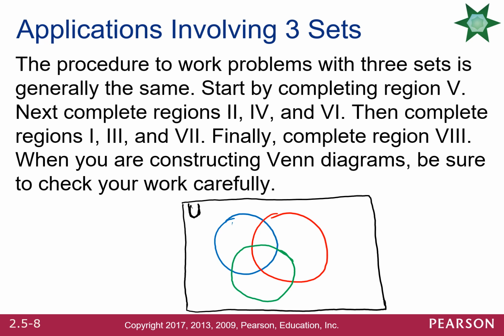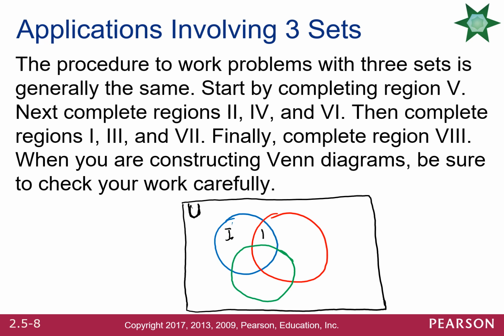So let's mark the different regions. So we have region 1, which is all elements that are part of the blue set only. All right, there's no intersection with any other set.